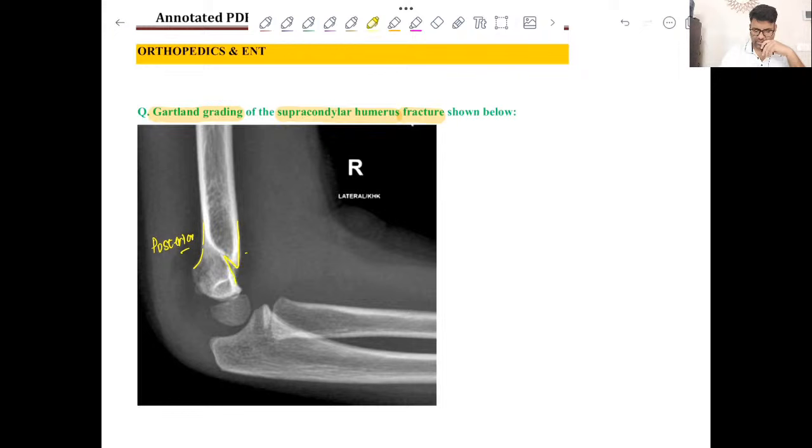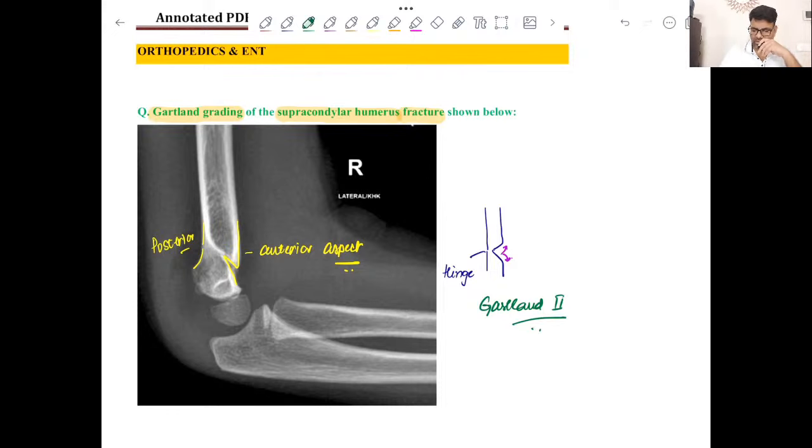What we can see here is that the fracture is something like this. There is a posterior hinge and there is opening on the anterior side. Whenever we have this kind of configuration in a supracondylar fracture, this is known as Gartland type 2, right?